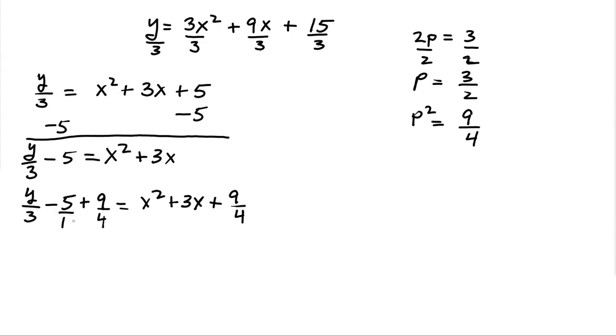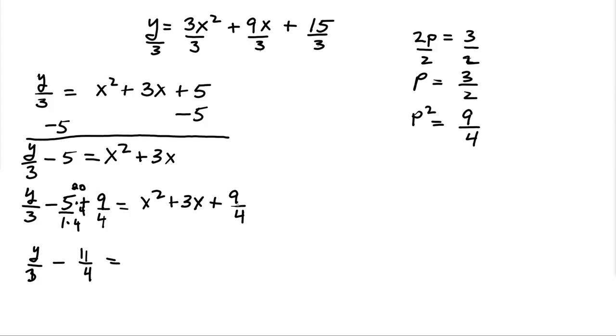I need a denominator of 4, so I need to multiply by 4 here and by 4 there. That's going to be 20 on the top, so minus 20 over 4 plus 9 over 4. Minus 20 plus 9 is minus 11. So we've got y over 3 minus 11 over 4.